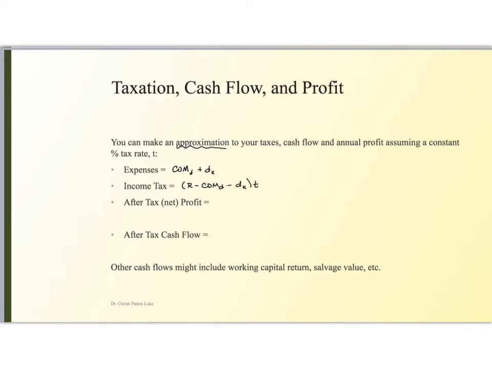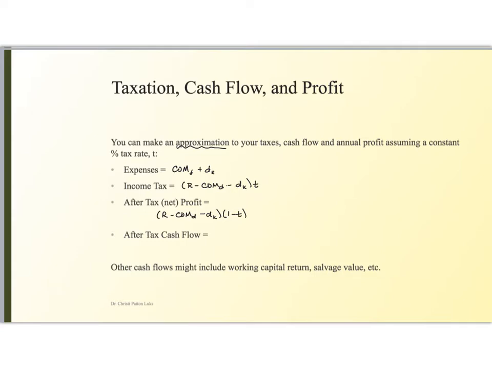Now remember, this is all for an approximation. Your after-tax profit, well, you're going to take the revenue minus your cost of manufacturing, because that wasn't profit, minus the depreciation, times 1 minus T, and that's called a net profit, although really you didn't get to get any value from that depreciation other than lowering your taxes.